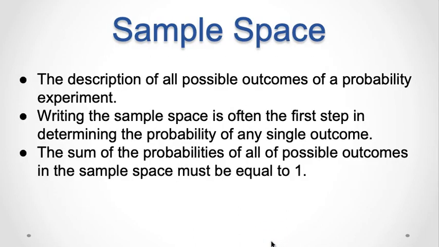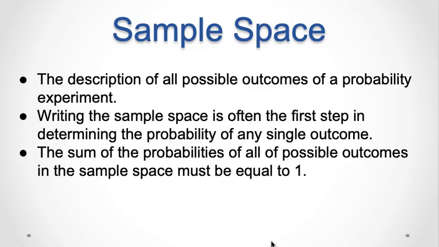The sample space is a list of all possible outcomes of a probability experiment. The sample space of a probability experiment is the collection of all possible outcomes. The sum of the probabilities of all possible outcomes in the sample space must be equal to 1.